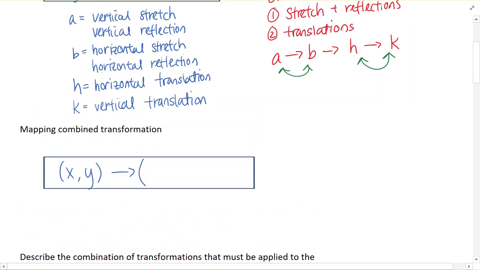So that means B and H are going to be affecting x, and B specifically is always the reciprocal. It's always the reciprocal of B that is multiplied to x. You always need to flip it for that horizontal stretch. So it's going to be x divided by b plus h, and that y value will be a times y plus k.